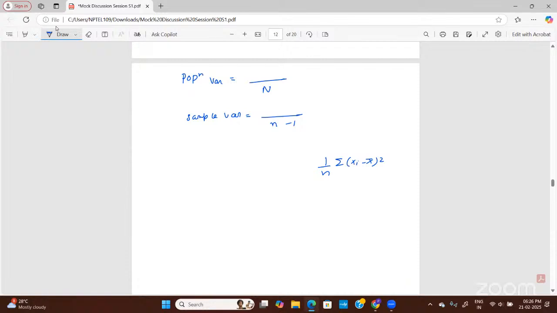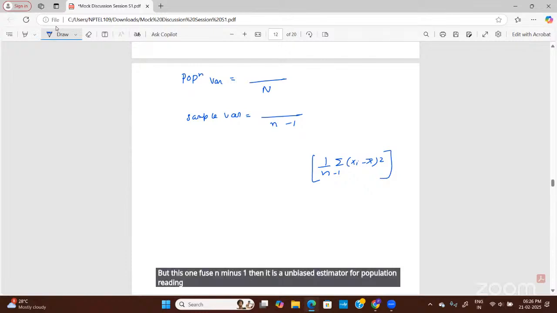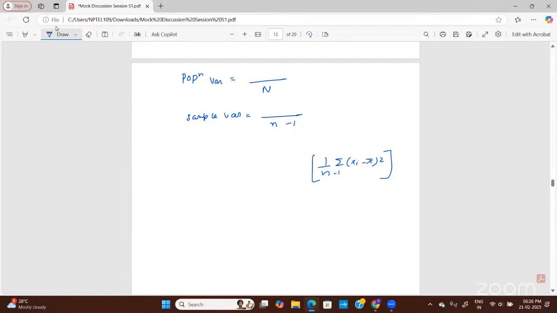But if you use n minus 1, then it is an unbiased estimator for the population variance. I don't think you will understand this as of now, because you haven't studied the properties of a good estimator. So there are some reasons why we are using the n minus 1 formula.